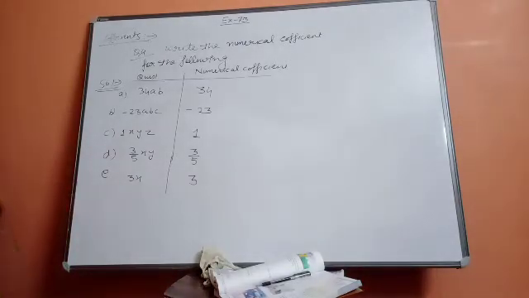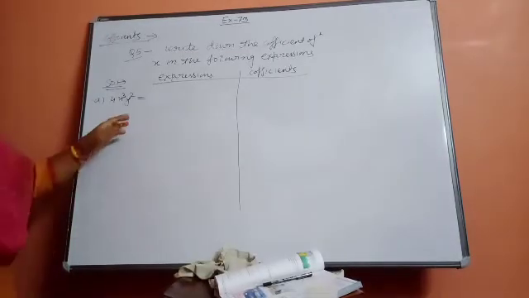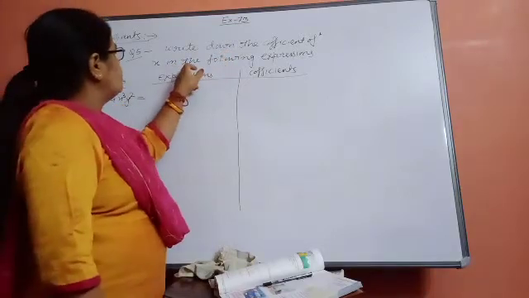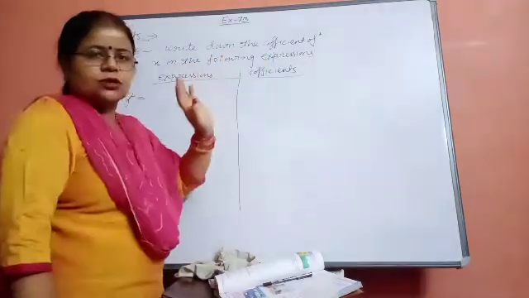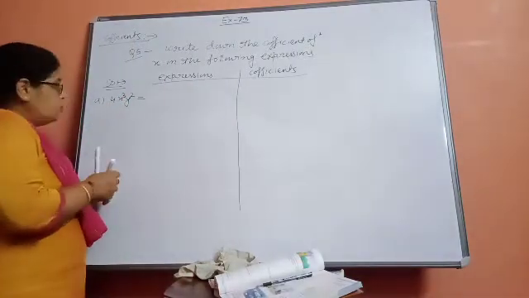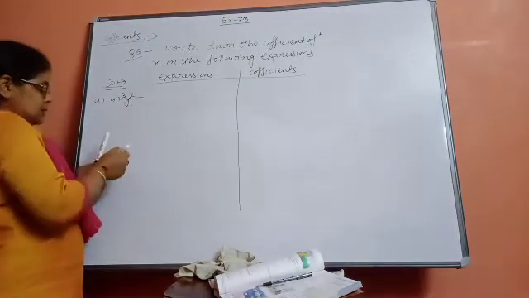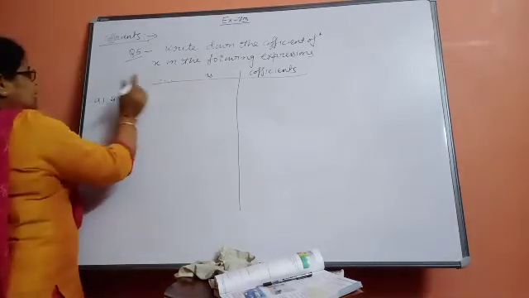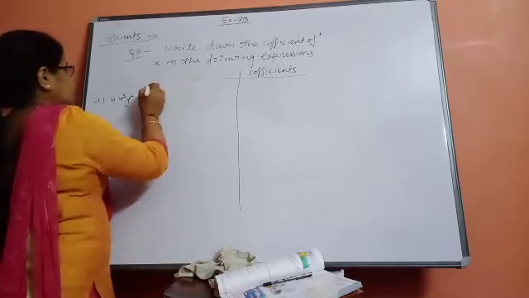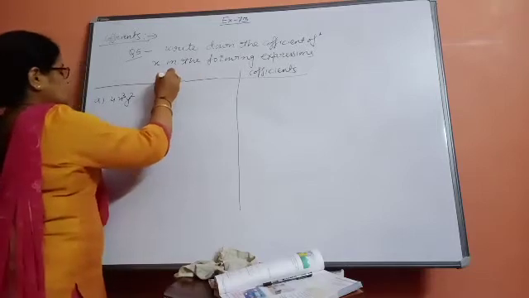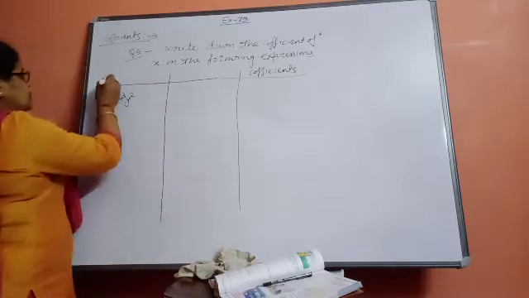Okay, now come to question number 5. Yes, beta. Now in question number 5, write down the coefficient of x in the following expressions. Okay, we have to find in the first question's expressions. So how will we do it? First of all, we will write the factors of x. So here what you will do, I am writing, make 3 columns here. In the first column, write expression.